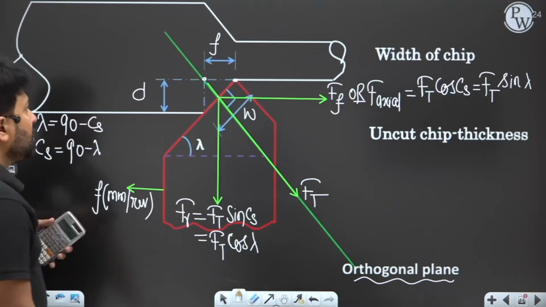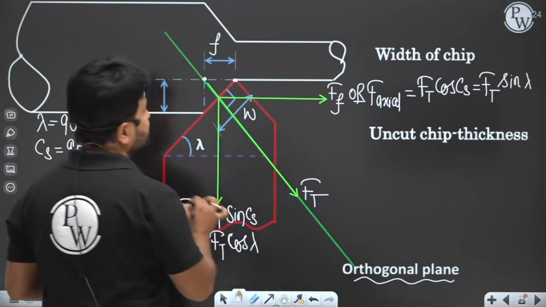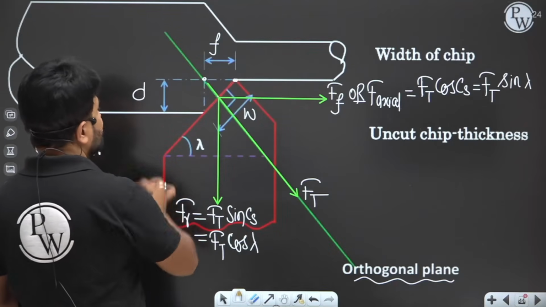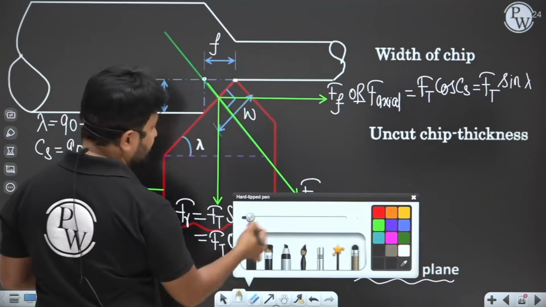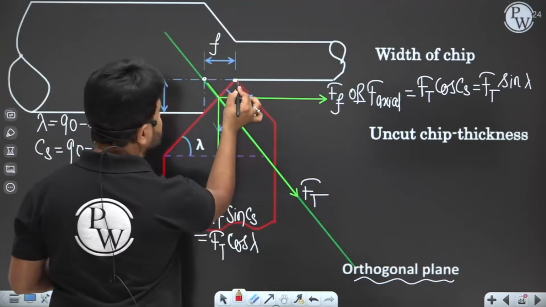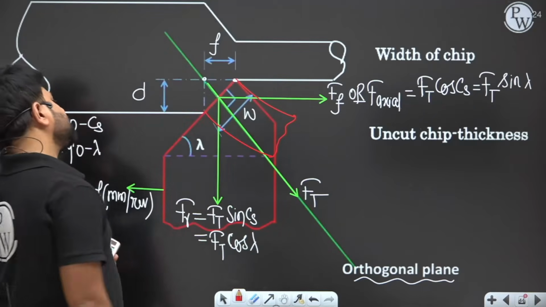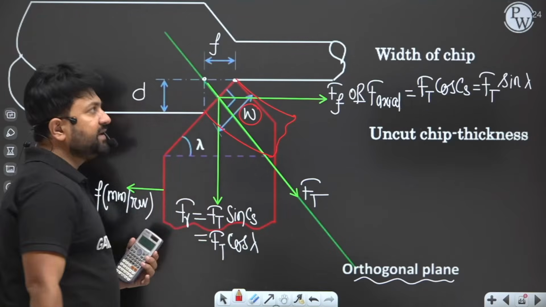Now what will be the uncut chip thickness, and what will be the width of the chip? Because whatever chip is produced will come like this, so we should know the width of the chip.